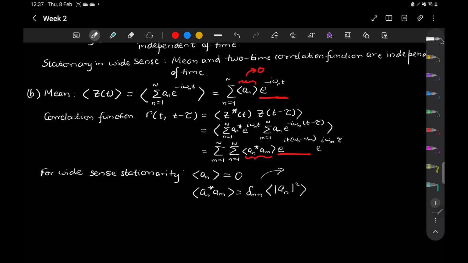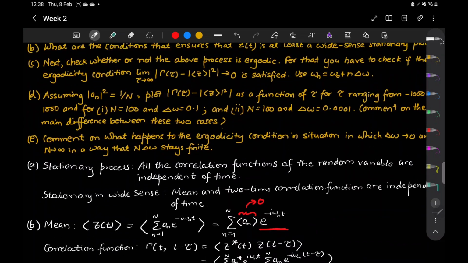This delta function over here is the Kronecker delta function, which means that delta ij equals 0 if i is not equal to j, and it equals 1 if i is equal to j. So this completes part B.